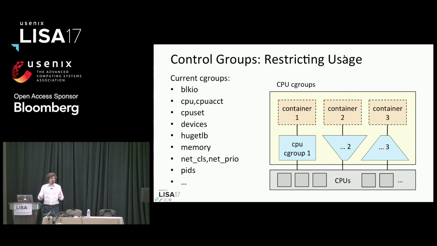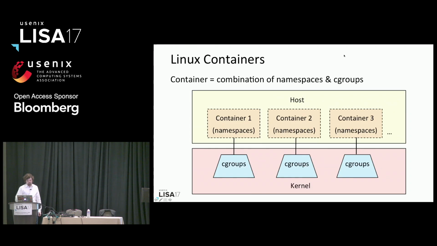But with cgroups, we can do things like allocate CPU to a container, not just in a fixed way, like give 1.5 CPUs to a container, but maybe in some shape, which is why I was drawing trapezoids in my diagram. Maybe I want to set some minimum and upper bounds to CPU usage for a container and for other things as well. So Linux containers, they're the combination of namespaces and cgroups, and that gives us a container.